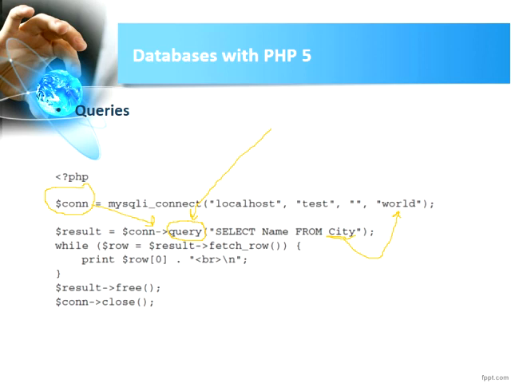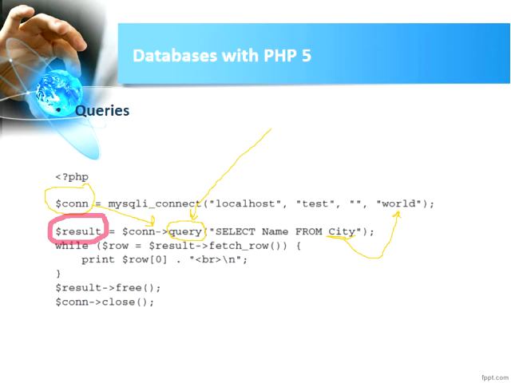So in our case here, result is a variable. This is a variable result. And this result contains many rows and contains the result of what? Yes, the result of the query.